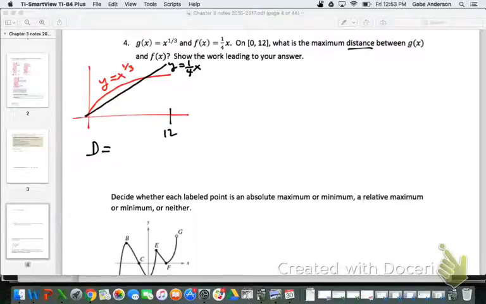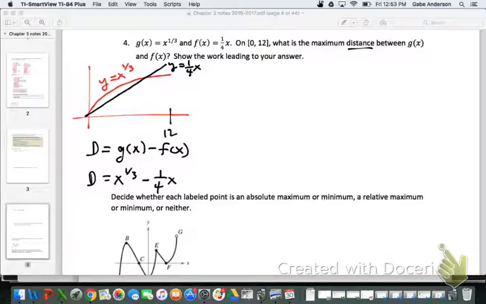To find distance between two things, don't you subtract one from the other? So g of x minus f of x makes a lot of sense. So I'll be a little more specific and write what these things are. d is equal to x to the 1/3 minus 1/4 x.